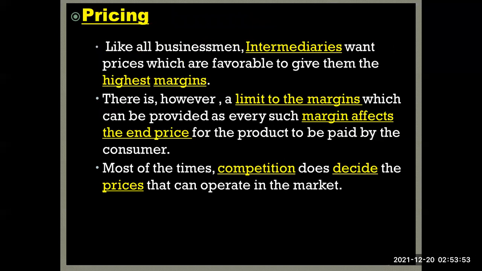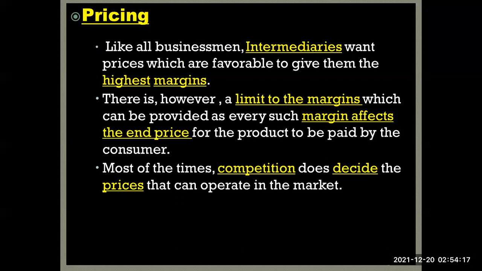Pricing: like all businessmen, intermediaries want prices which are favorable to give them the highest margin. So the wholesaler will want more commission, more bonus or more incentive. Similarly, the retailer will also want more commission, more incentive, more bonus. But the company wants to sell their product at the cheapest price.